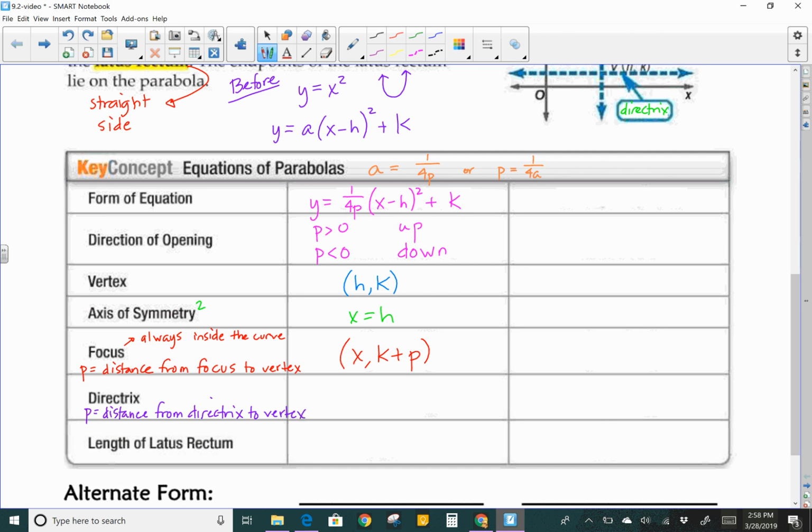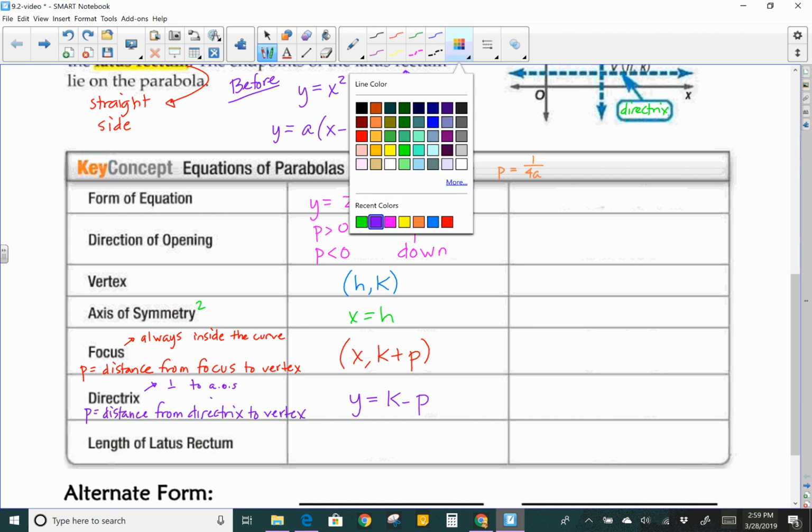And if you can think about this, it's always perpendicular to the axis of symmetry. So if the axis of symmetry is x equals h, this is going to be y equals something. And what it's going to be is the opposite direction from that. So it's y equals k minus p.